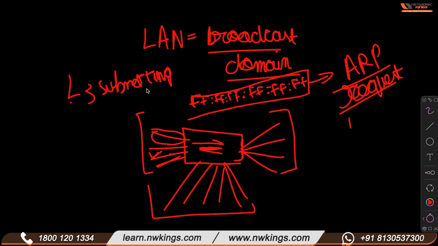Because if that does not happen, nobody will be able to understand, right? So what are we going to do here, guys? We are going to create bifurcation at layer 2 as well. And that is going to be known as VLAN.